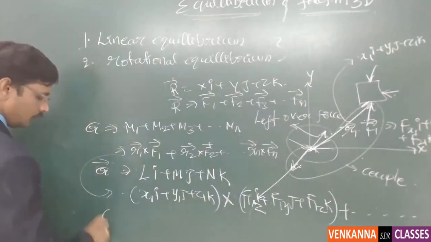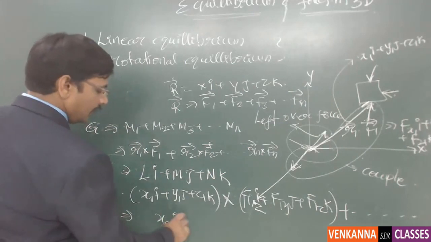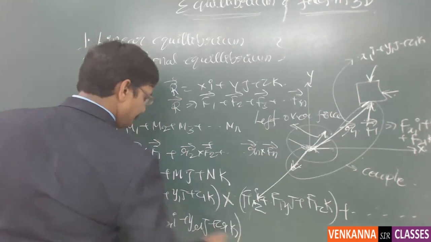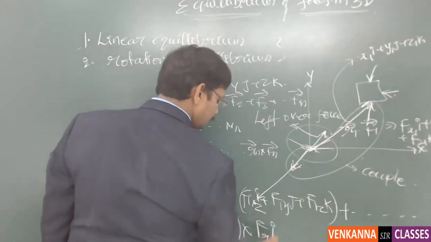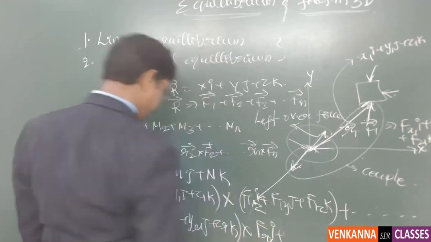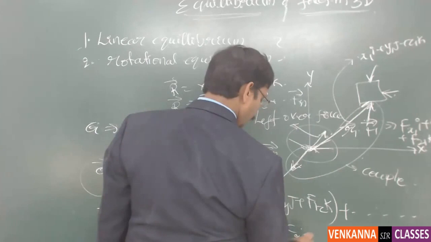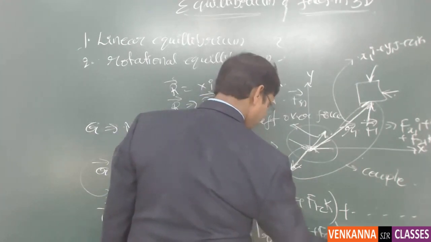So in a short form, you can express G as xr into i plus yr into j plus zr into k, cross frx into i plus fry into j plus frz into k.